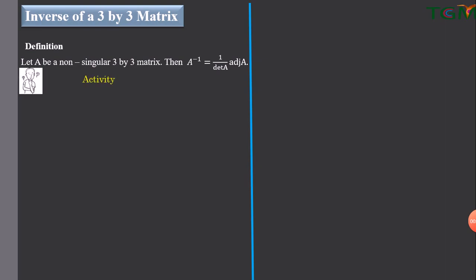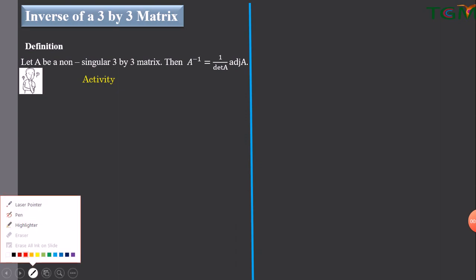Okay, in the previous lessons we looked at how to find the determinant of a 3x3 matrix. That should be lesson 4 or 3 if I'm not mistaken. If you haven't watched those lessons, I advise you to go and watch them, and also on how to find the adjoint of A. We did that in lesson 6.